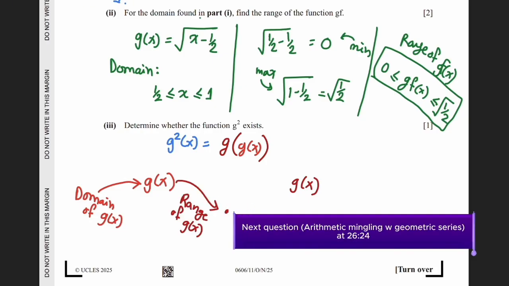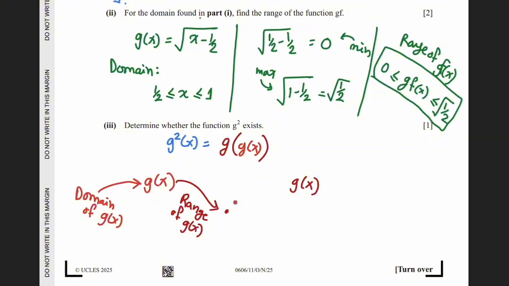And if that range coincides with the domain of g of x itself, only then it can be fed to another g of x, and then from there it will spew out something from the range of g of x.